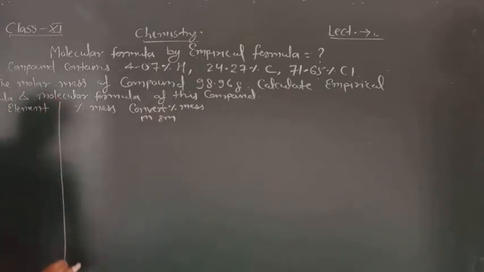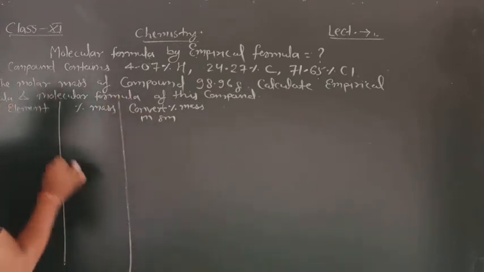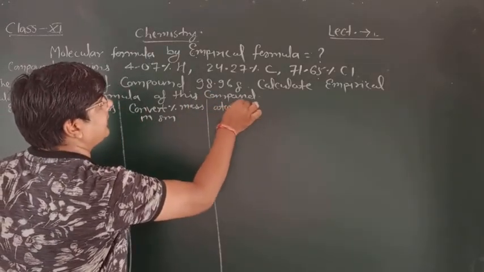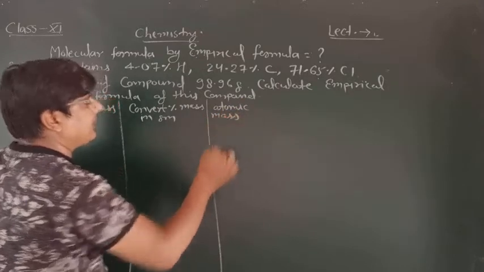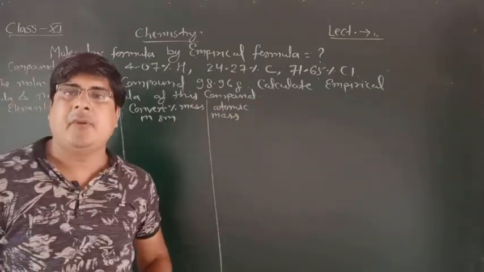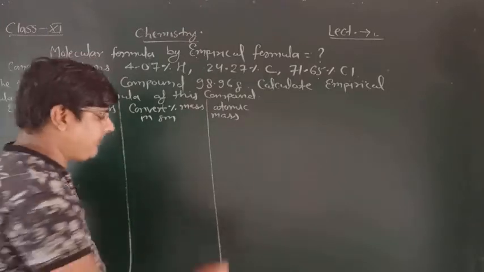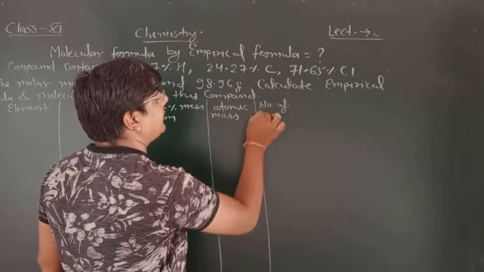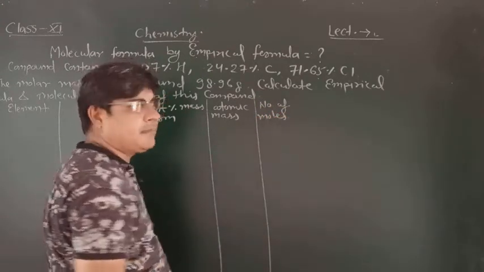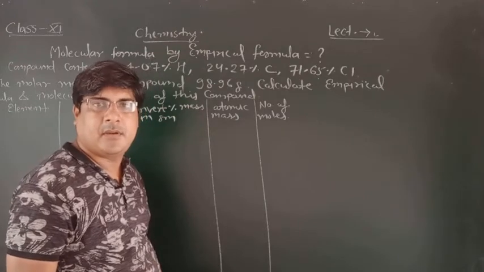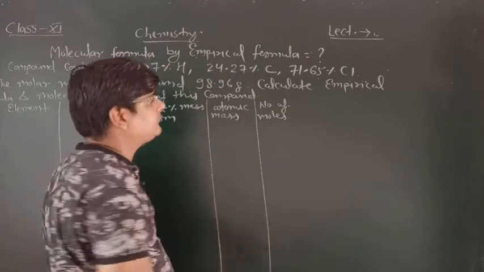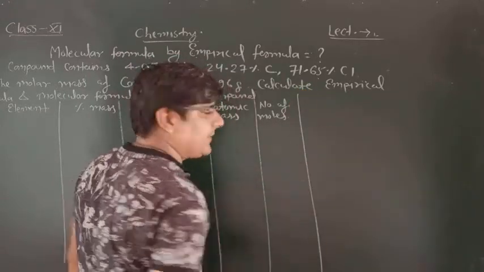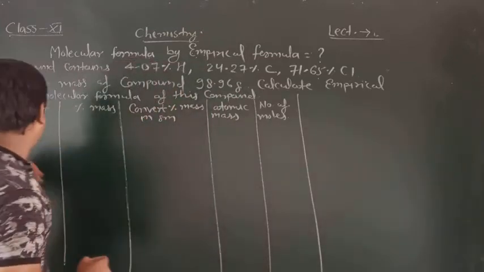Draw the table. We will write here the atomic mass. Then we will calculate the number of moles, and you know very well, mole equals mass upon atomic mass. Then we will write the ratio, the simplest ratio. Okay, first element.